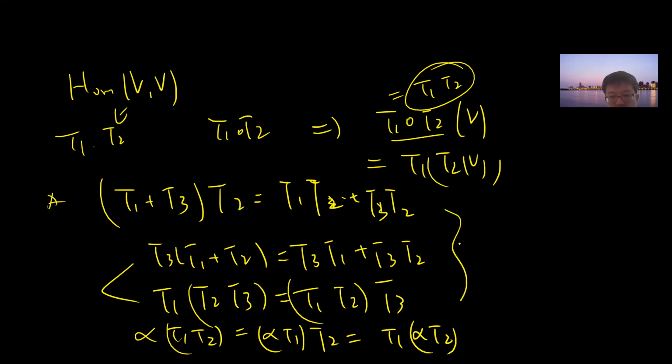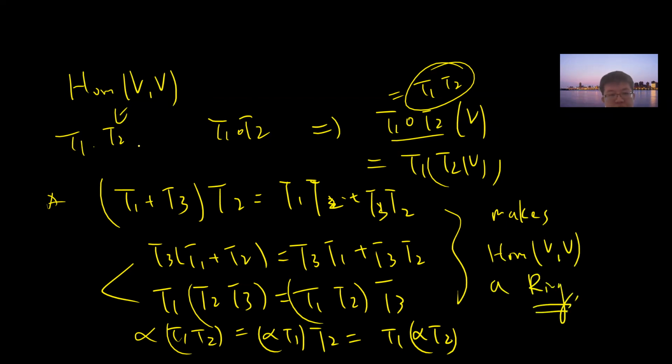So you see this makes Hom(V,V) a ring. It is not commutative, but it is a ring, and you also know that there is an identity, so it's a ring with identity.